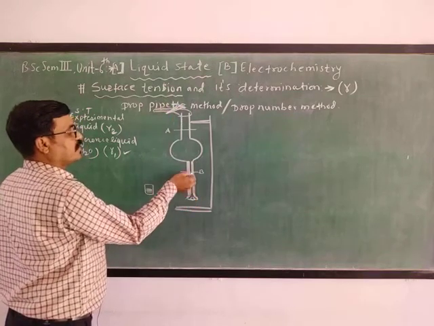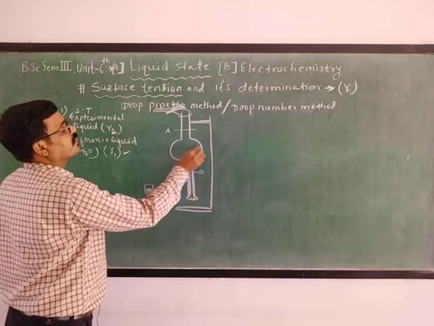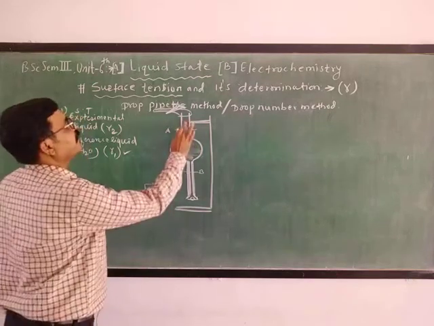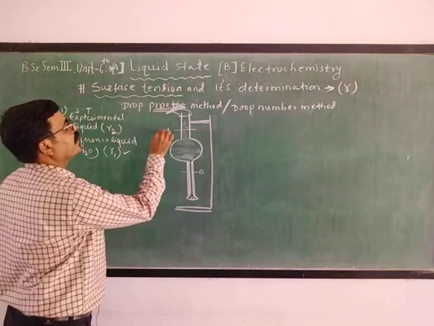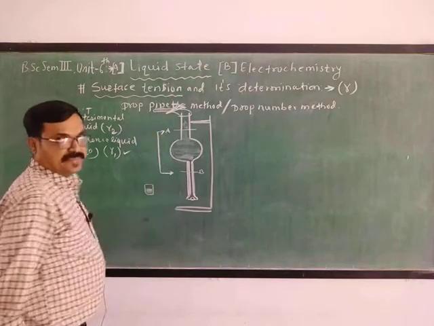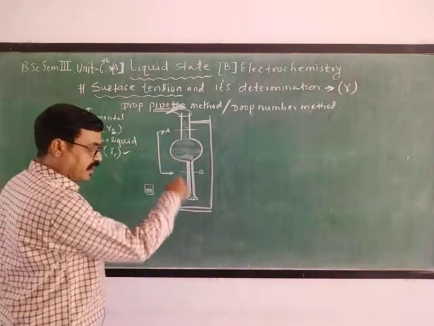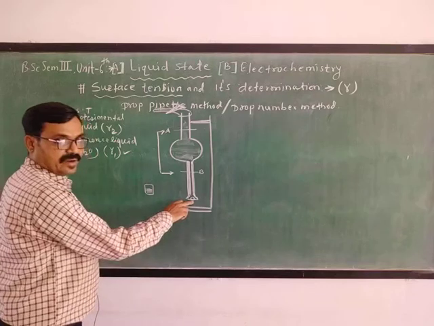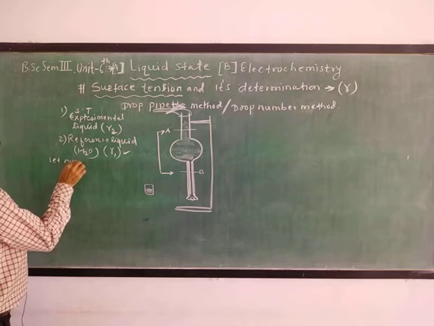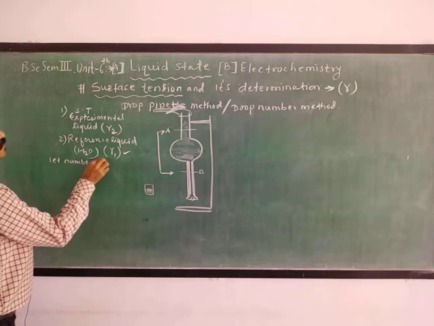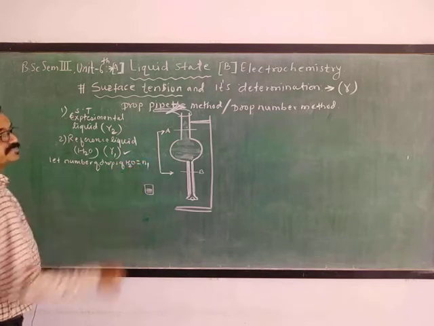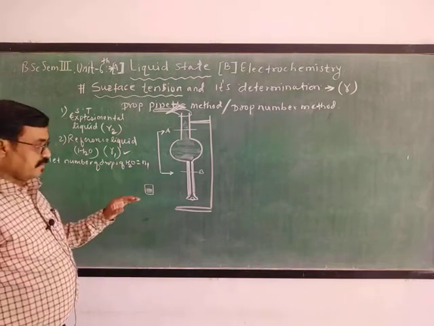Now this water is allowed to be sucked into the stalagmometer above mark A, and the number of drops falling from the lower end as the water flows from mark A to mark B is measured. Let us assume the number of drops of water is N1. Then remove it and dry it.